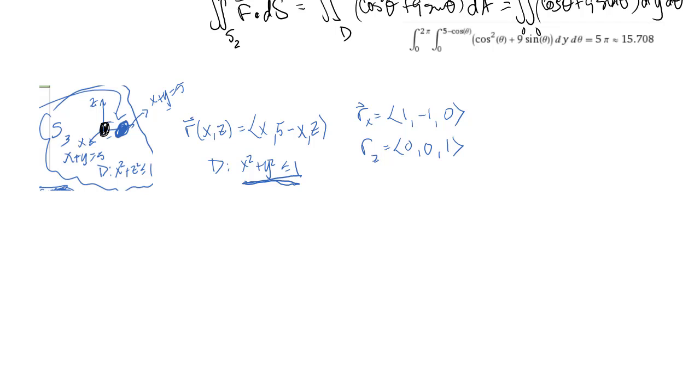So let's take the cross product to see if we're going to have the correct orientation. So the cross product is going to be negative 1, comma, in the y it's going to be negative, negative, and then in the z it is going to be 0.